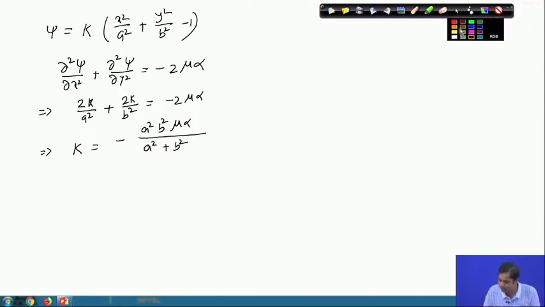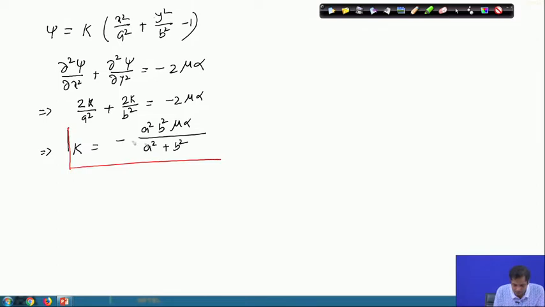Okay. This is the expression of k. So, with k equal to this, psi satisfies the traction free boundary condition, and it also satisfies the governing equation. Okay.